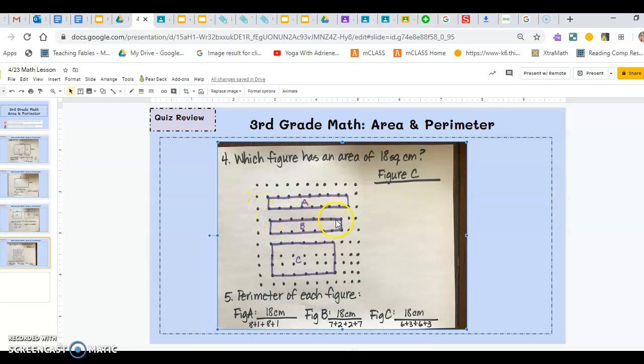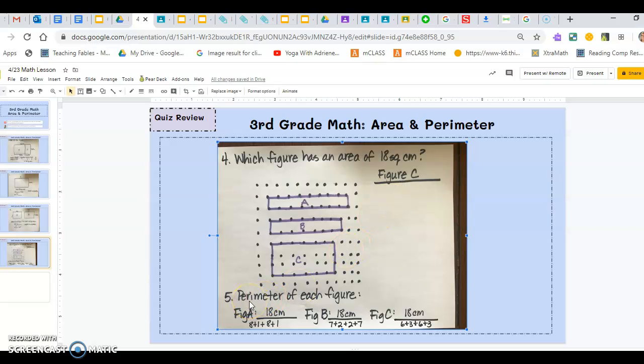Same thing on this. I'll tell you right now, this is 6, and this is, oh, I drew that wrong. It should have been 2. So I want you to know that should have been 2. And the figure C is 6 by 3. So I know 3 times 6 is 18. So that gives us the answer of figure C.